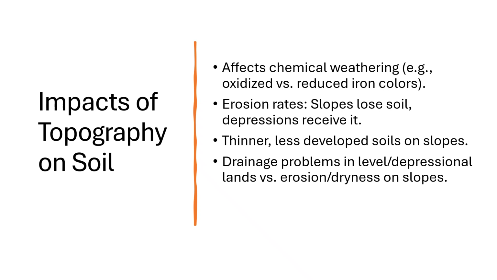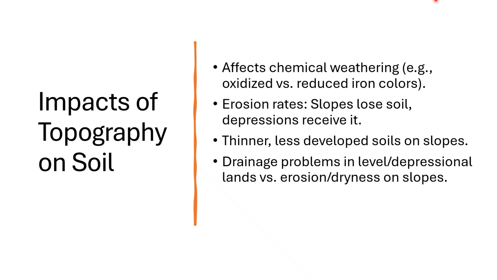Slope also directly influences erosion rates. Slopes tend to lose soil due to erosion, making them thinner and less well developed. Depressions, on the other hand, tend to receive soil. So while level lands might have drainage problems, sloping terrain often deals with erosion and dryness.